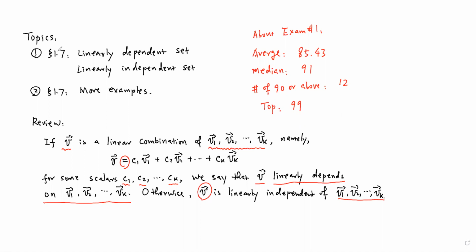Now, topic 1. Linearly dependent set, linearly independent set. What does that mean? Definition. Mathematics always needs definitions.